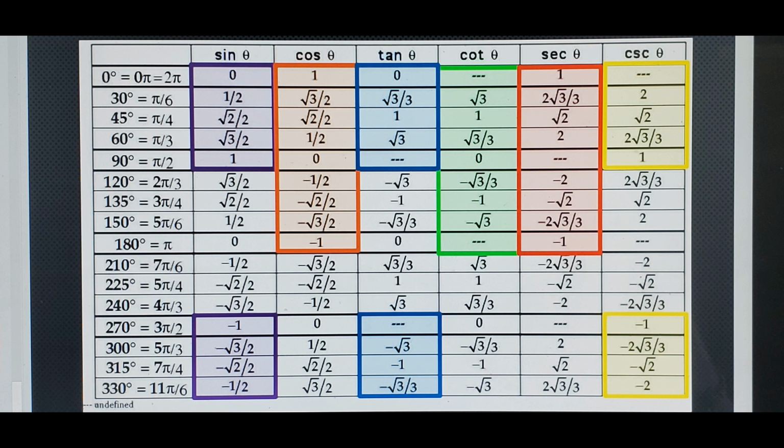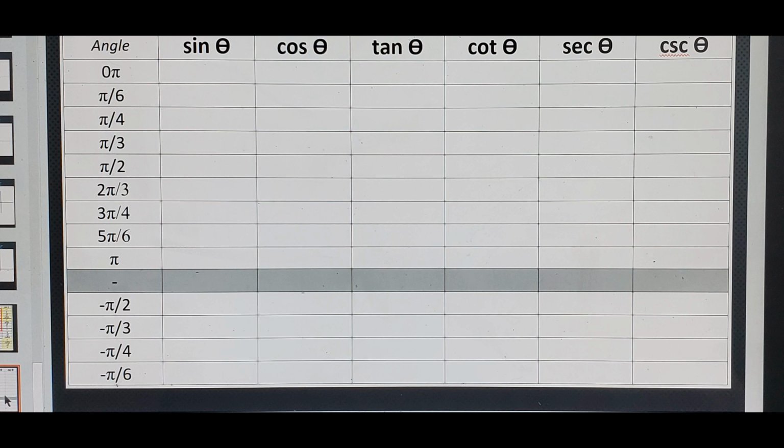So instead of writing those out and having them all blank, I just got rid of them. So it jumps from pi up to negative pi over 2, which is the same thing as 3 pi over 2. So it also has the negatives in there, which is really slick because it makes it easier to look them up. Okay. So anyways, fill this out.